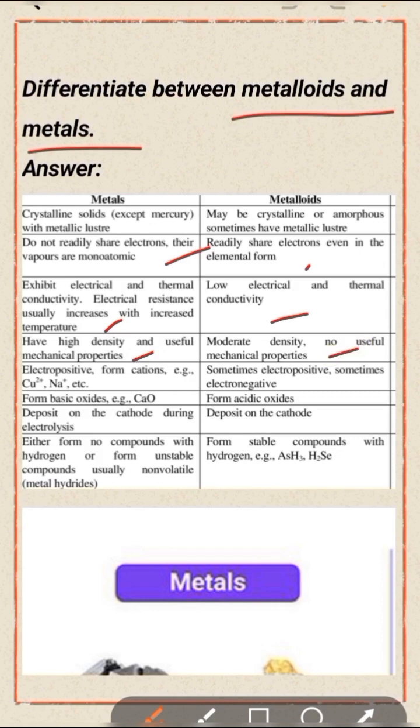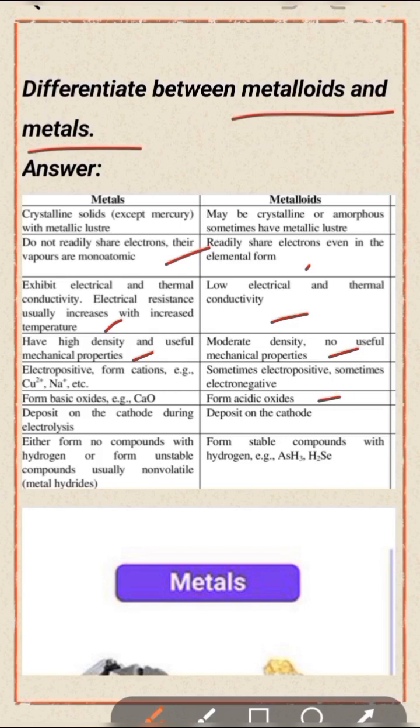Metals are electropositive and form cations, for example Cu2+, Na+, etc., but metalloids are sometimes electropositive, sometimes electronegative. Metals form basic oxides, for example calcium oxide, CaO, but metalloids form acidic oxides.